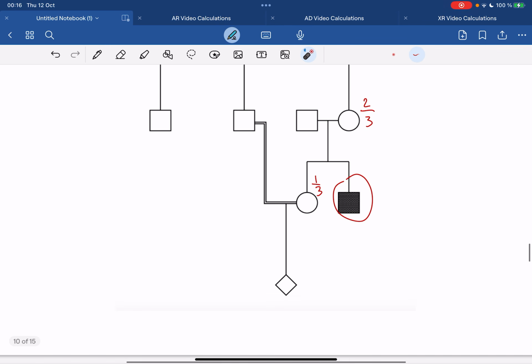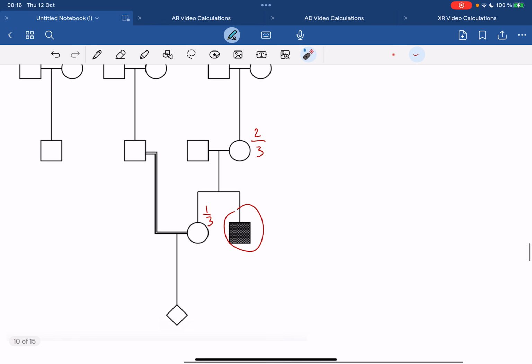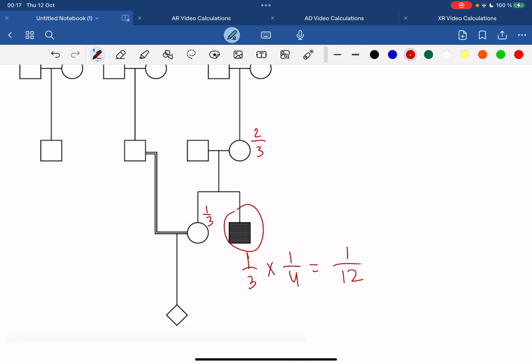We're not interested in the father because the father can only give a Y chromosome to a guy, so he's completely irrelevant in this case. So we just take the mother's chance of being a carrier times the child's chance of being born a male and a carrier, which is 1/4. That is equal to 1/12.